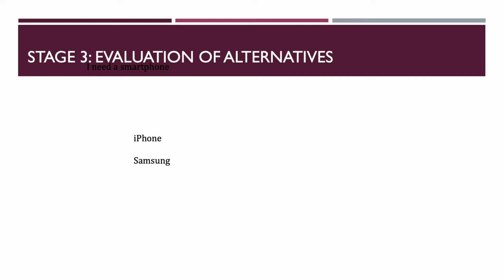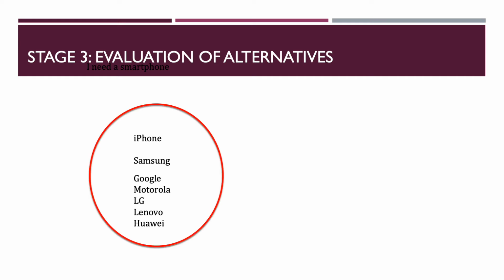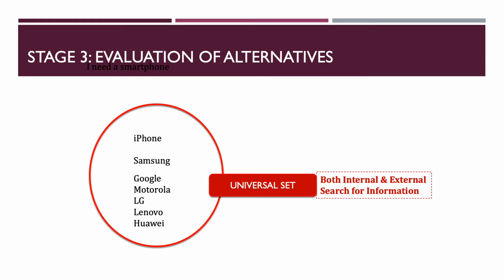Tell me what other smartphone brands are in the market. You come up with Google, Motorola, LG, Lenovo, Huawei. The options that we have here in the red circle are our universal set, all the options available when I'm looking to buy a smartphone.